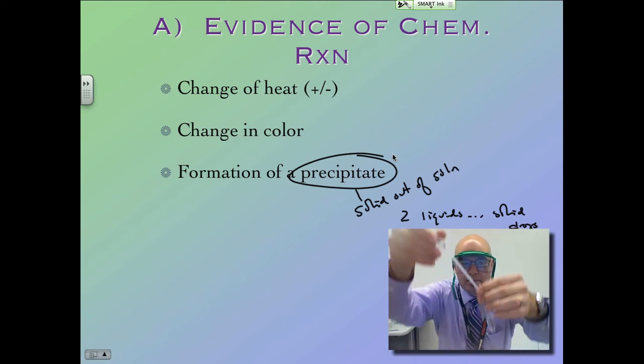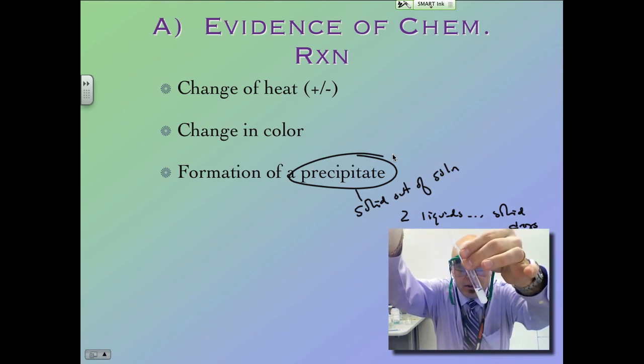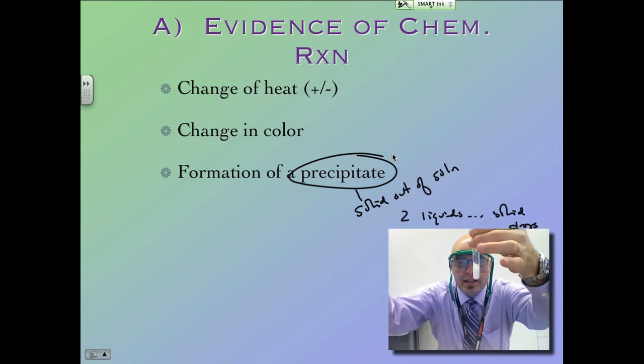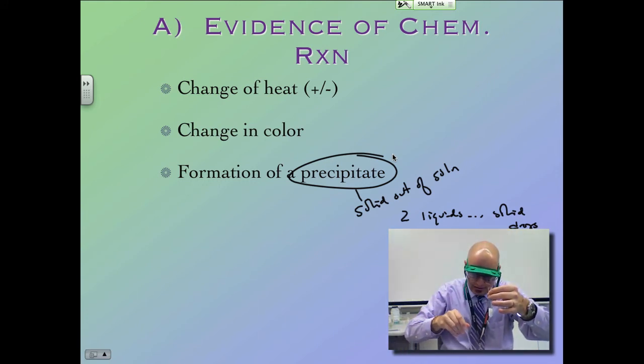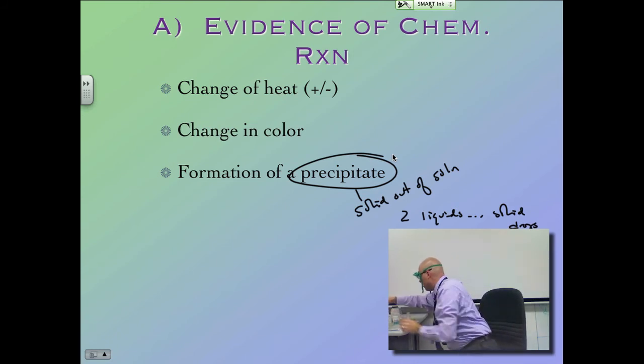And again, as I drop it, I put it in a little slower, you can really see the change of color, the white, and then the precipitate. I'll let that sit for a little while as well, and we should be able to see the precipitate start to sink to the bottom.